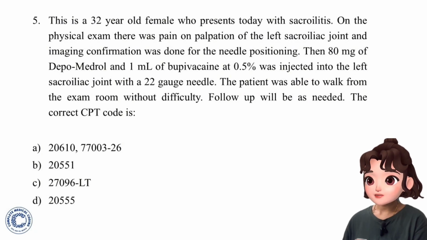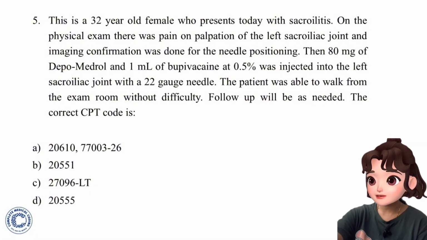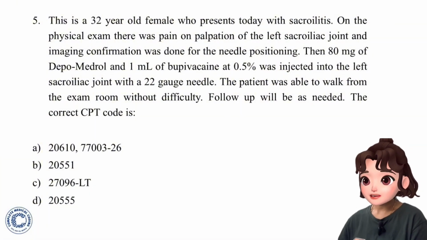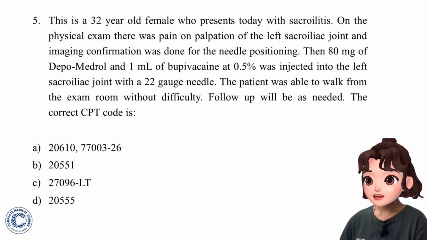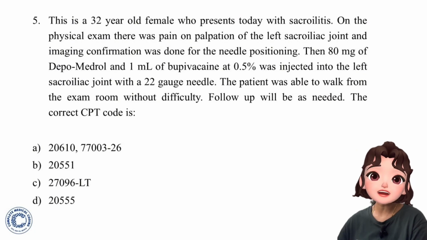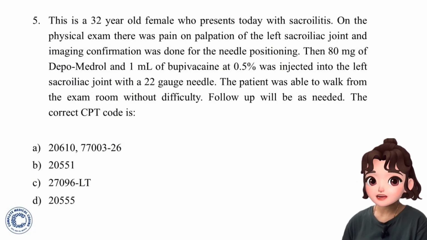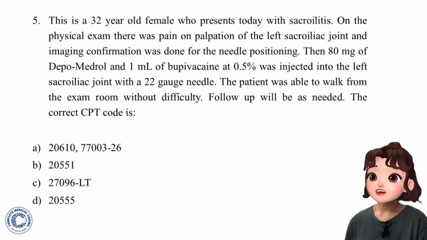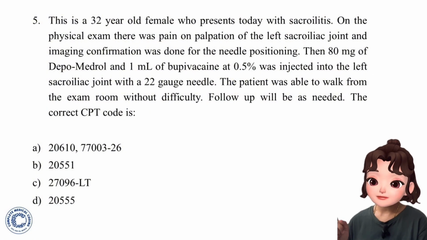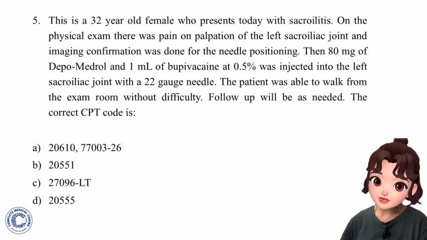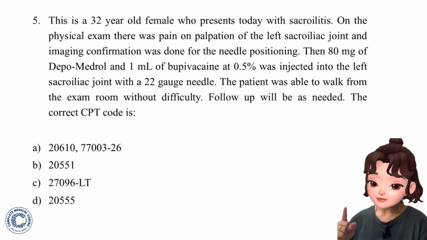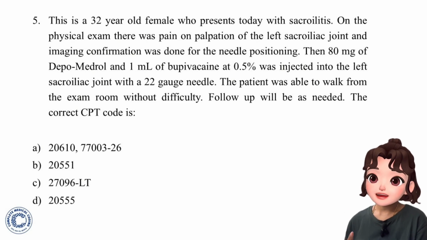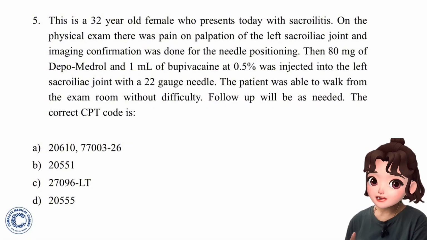Okay, so see, why is this mentioned as injection? It is mentioned in the second sentence of the question: on the physical exam, there was pain on palpation of the left sacroiliac joint and imaging confirmation was done for the needle positioning. It means for the injection. So, injection procedure for sacroiliac joint is the procedure here, which is only in option C, code 27096.